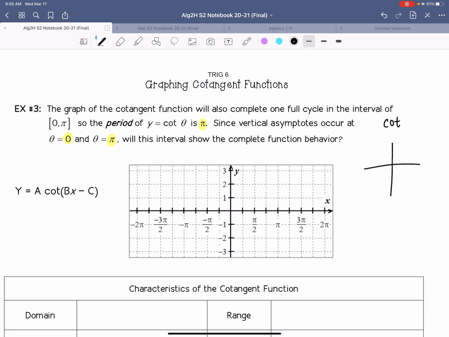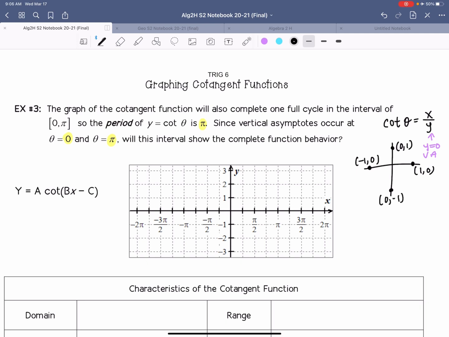Okay, reason being, again, thinking about our unit circle here, cotangent is x divided by y. So we have vertical asymptotes when y equals 0. So again, where we have zeros are right here on our axes. So this is 1, 0, this is 0, 1, negative 1, 0, and 0, negative 1.